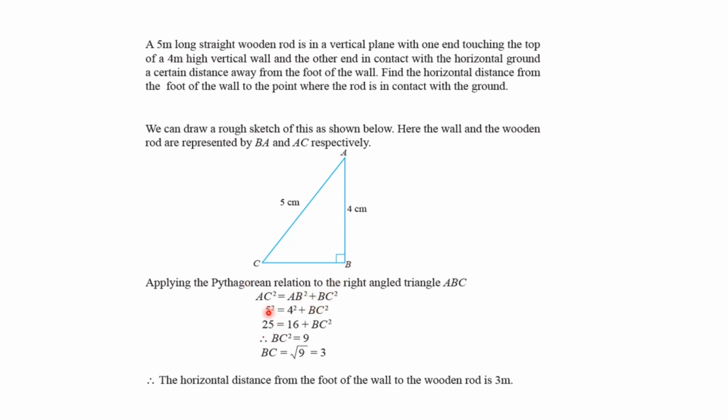I have done this type of problem. You know your left side, you know your right side one value, so then you have to bring this value to the other side. It comes 9, get the square root of it, you can get it is 3 meters. Okay, so sometimes these are very important parts.